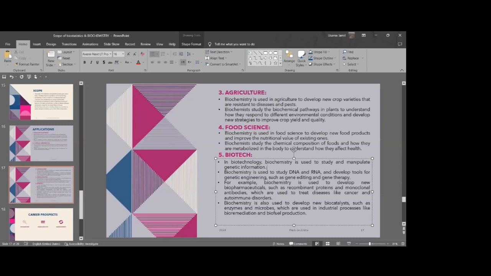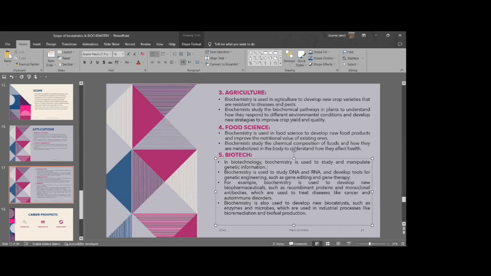For example, we develop different types of cows that yield more milk, that are disease resistant or have better survival. So this is all about genetic manipulation, how we are able to check and replace or amend the susceptible genes.